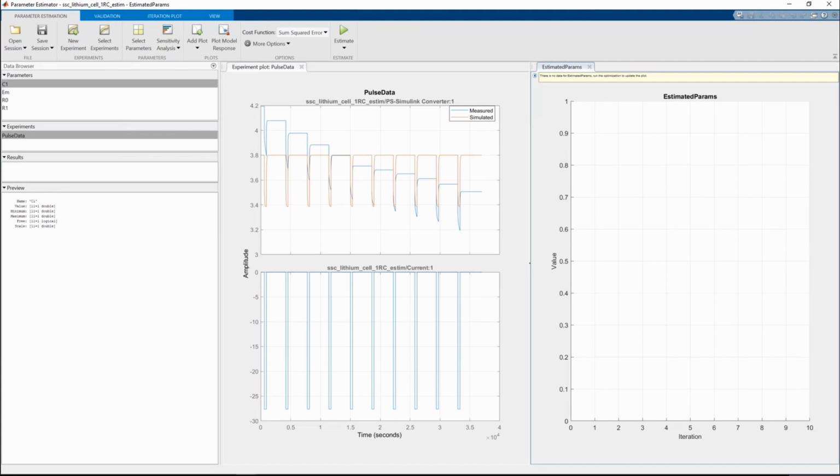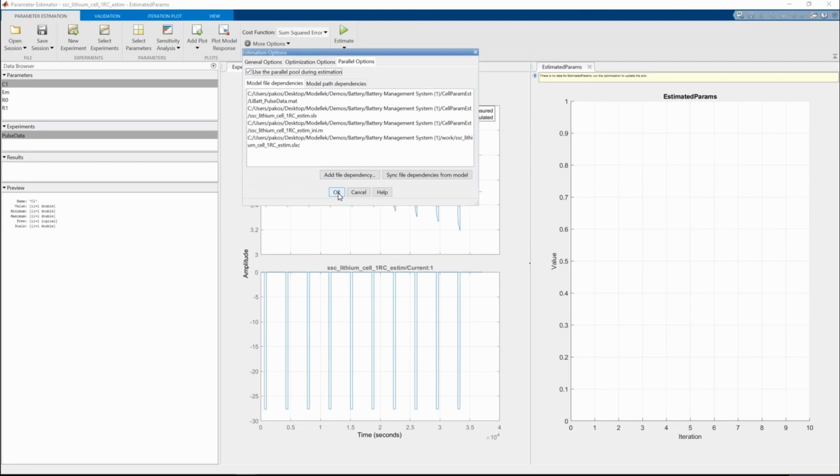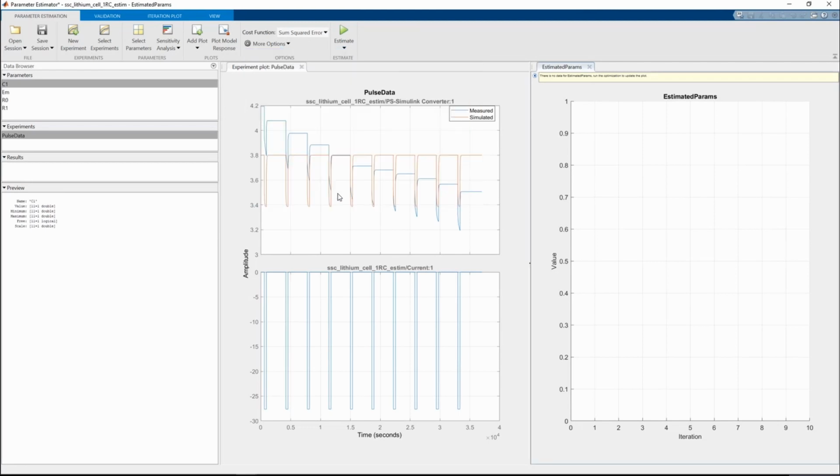This is done in a very efficient way using advanced optimization algorithms. The present calculation takes a few minutes to converge. Simulink Design Optimization allows us the use of parallel computing in the options to distribute computational load in order to speed up the estimation process.